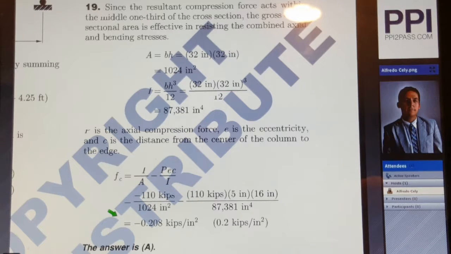So then we divide that by our moment of inertia, and we have that the stress on the column is negative 0.2 kips per square inch. Now the values given in the prompt are all positive values, but I consider them as absolute values. And that's why we select 0.2 kips per square inch.